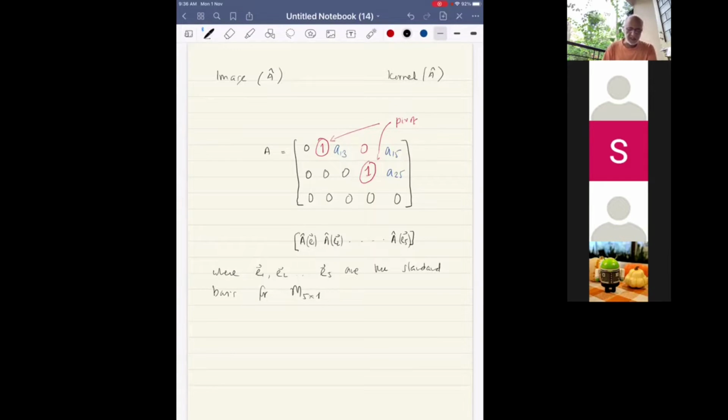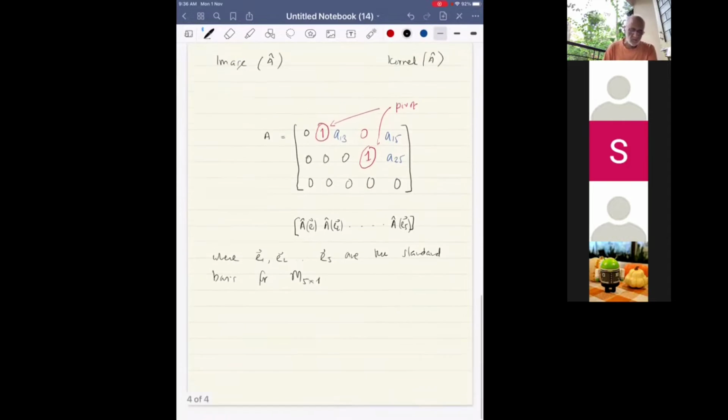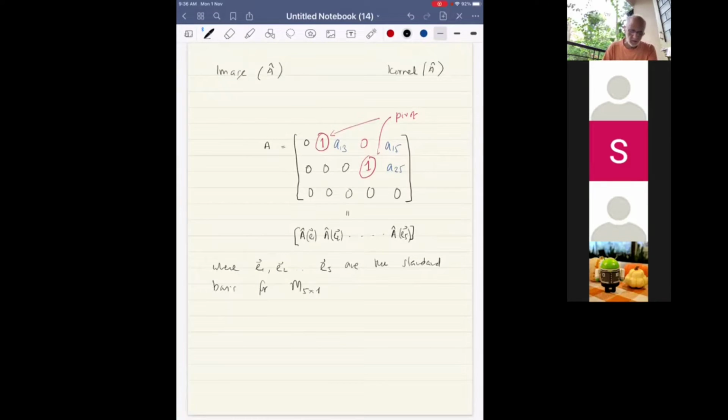So first of all, is the statement clear? Let me make this claim clearly and ask, is the statement of the claim clear?